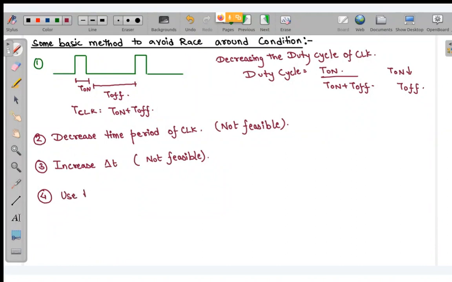So use a differentiator. Now differentiator, if you guys are from CSE, it's okay, no need to copy, no need to understand. But I know a few of the students are missing today, so for them only I am telling this. So they might be knowing the differentiation of a step signal.